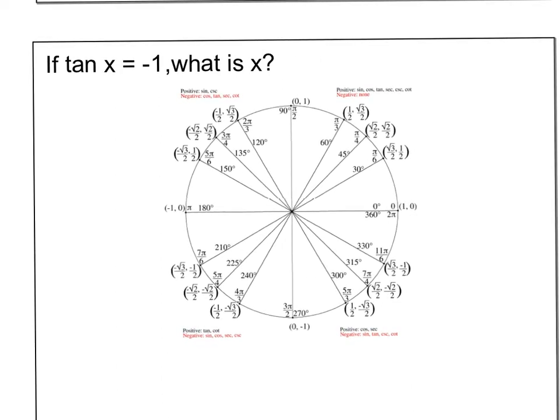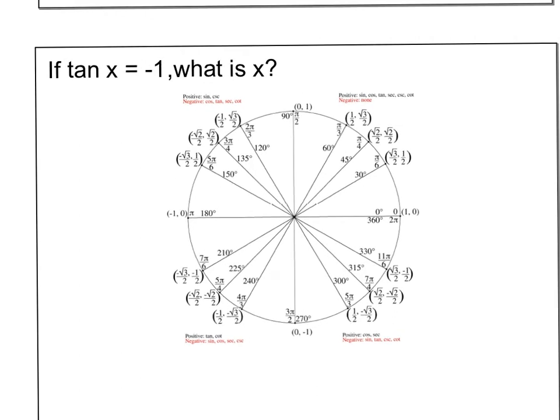Tangent of x is -1. What is x? So you have to remember you're looking for tangent, so that's sine of x over cosine of x equals -1. So where you're looking for is where the sine and cosine are the same thing, except one is positive and one is negative.